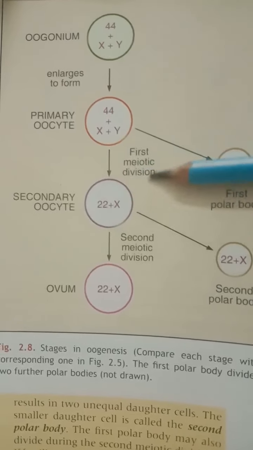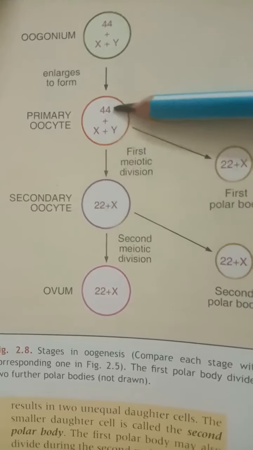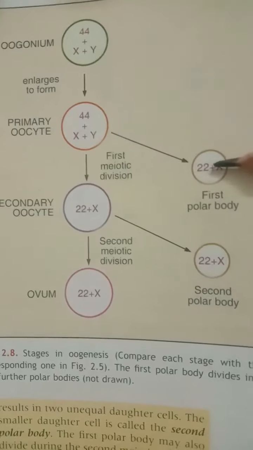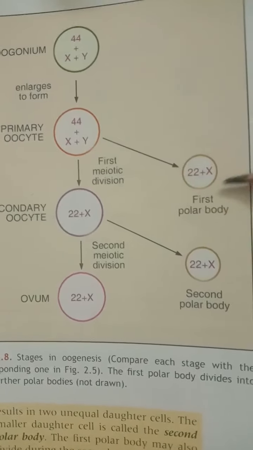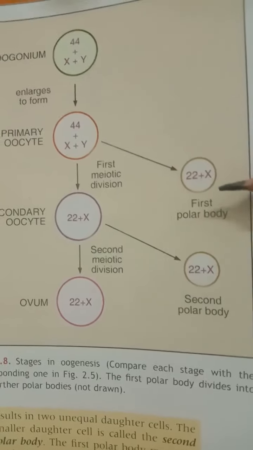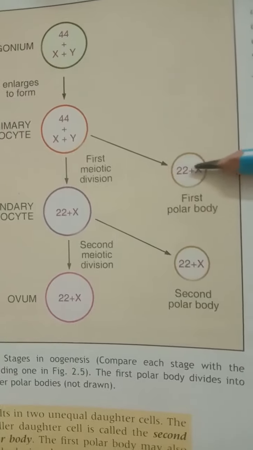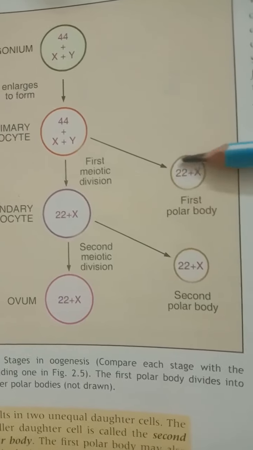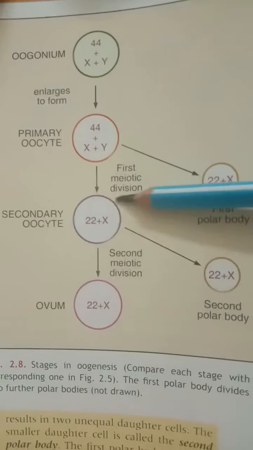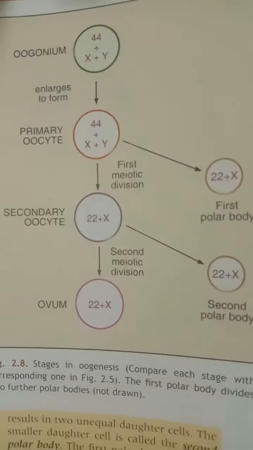The secondary oocyte consists of most of the cytoplasm of the primary oocyte, while the other daughter cell forms the first polar body, which receives the minimal part of the cytoplasm. Both have the same chromosomes, 22 plus X.